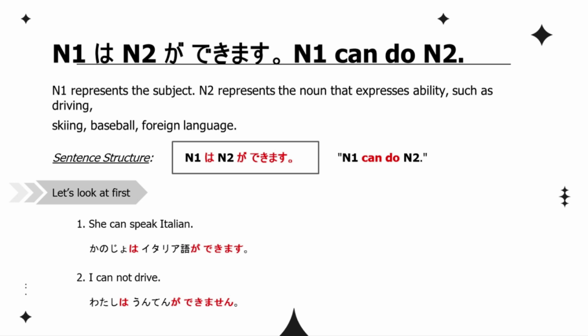She can speak Italian. 彼女はイタリア語ができます。I cannot drive. 私は運転ができません。The particle ga connects the noun with the verb.